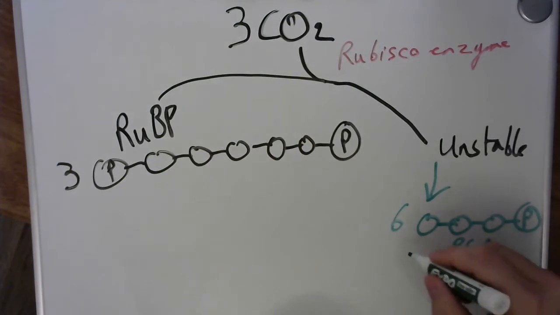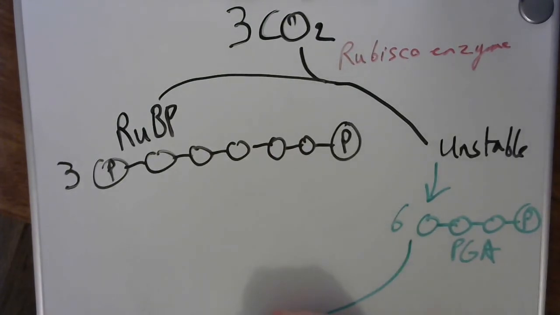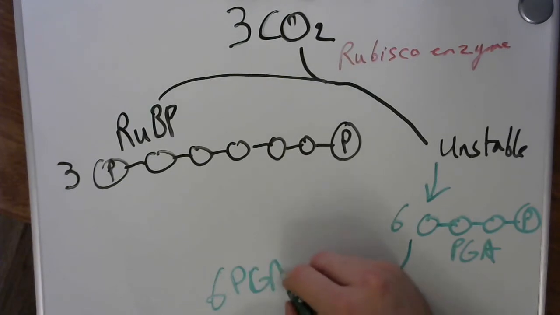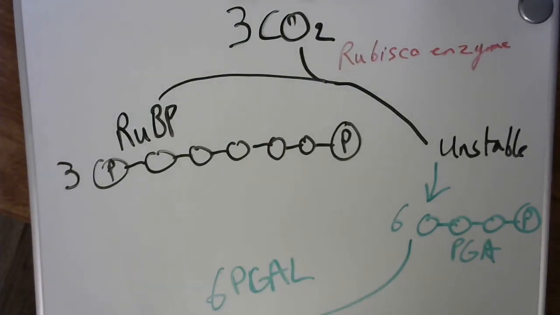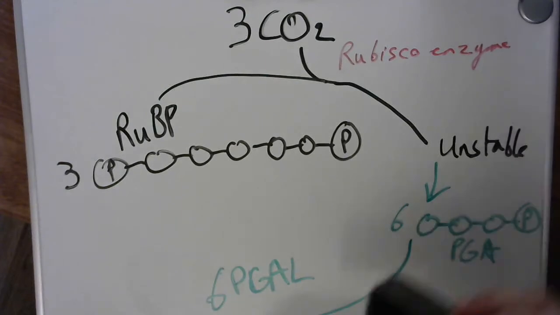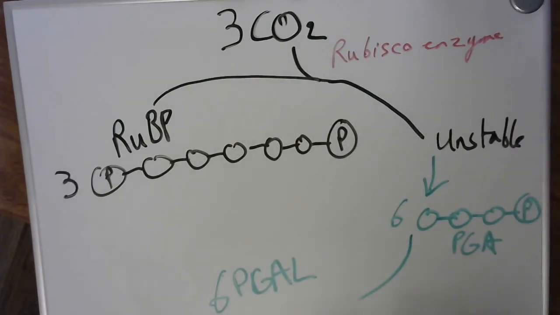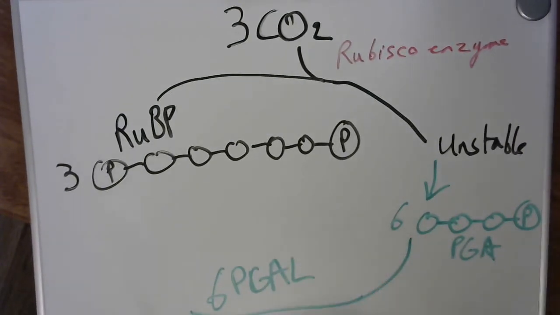Your 6 PGA will have a huge reaction here to make 6 PGAL molecules. Let me redraw that on the board. That reaction is where everything happens in the carbon reaction.